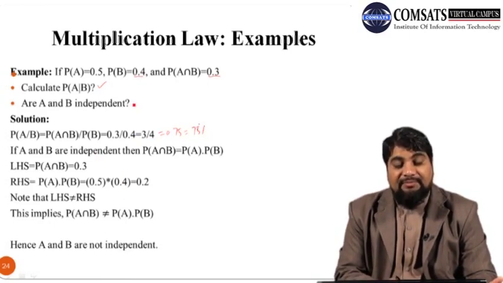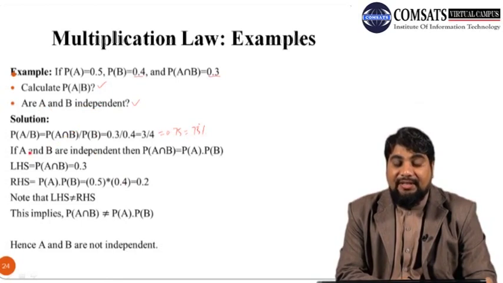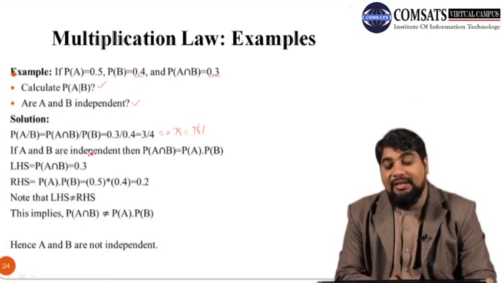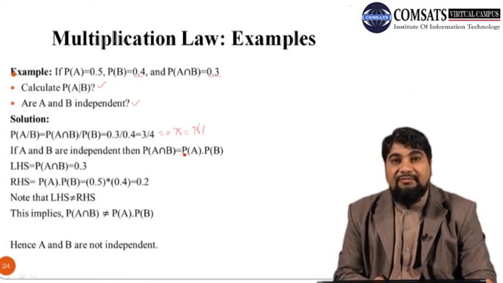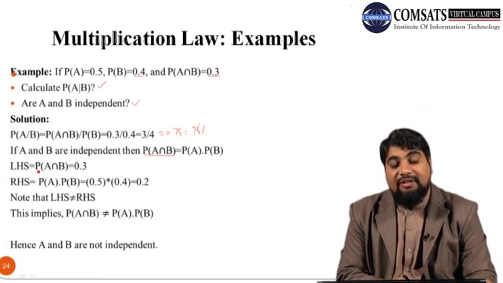In the next part, we are required to check whether A and B are independent events. We know that A and B will be independent if P of A intersection B is equal to P of A times P of B. Take the left hand side: P of A intersection B, which is given as 0.3.